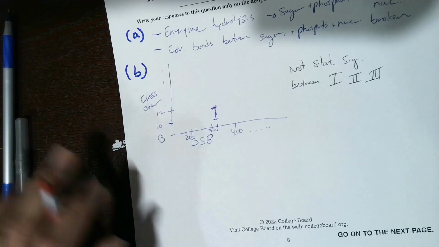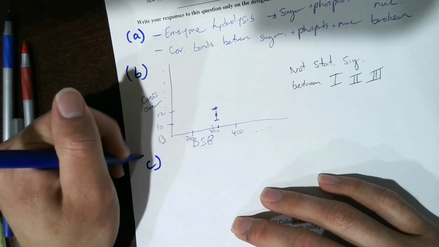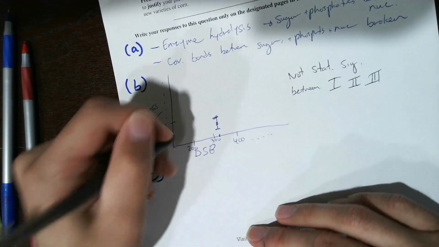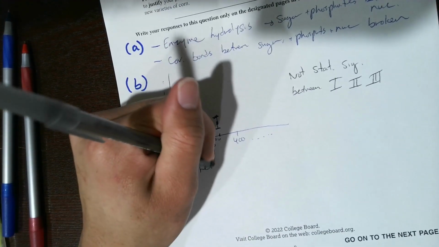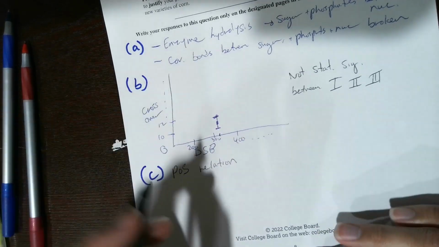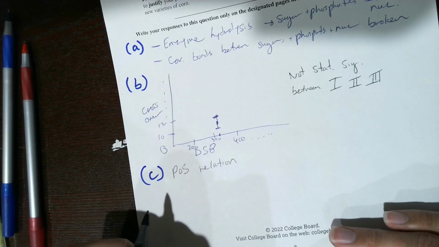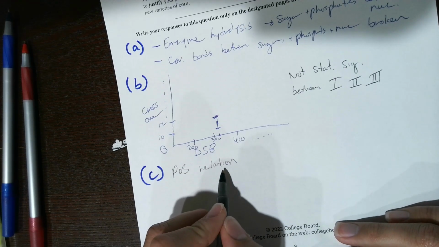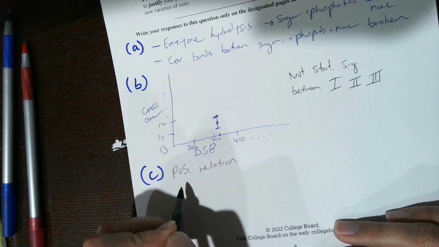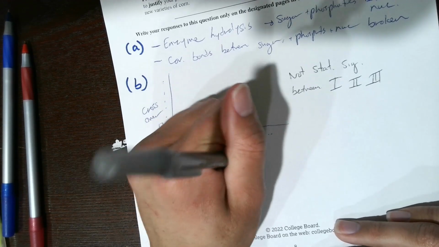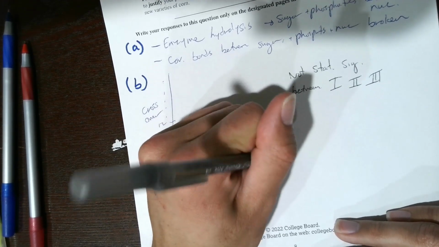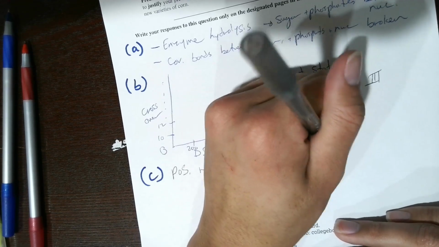So I'm going to write that down here for my answer. There is a positive relationship, or sometimes it's called a direct correlation, between the number of double-stranded breaks and crossovers.